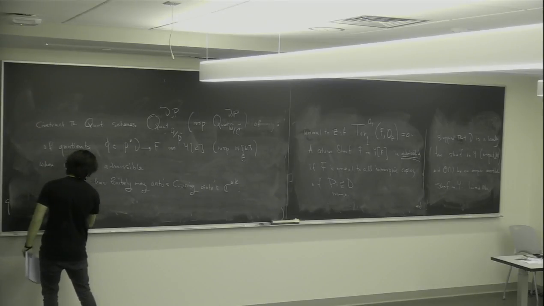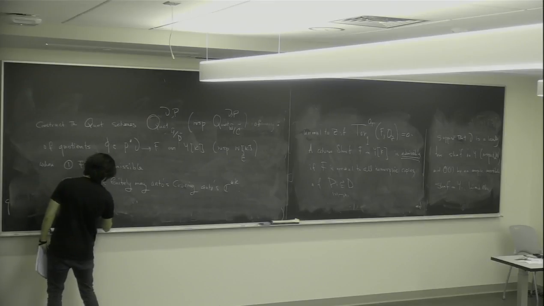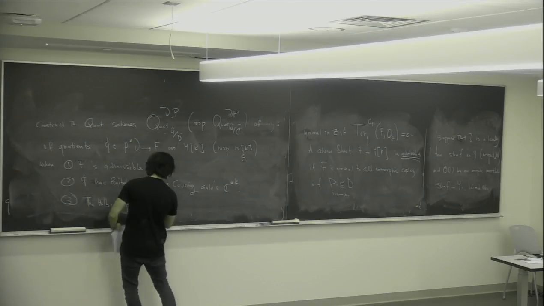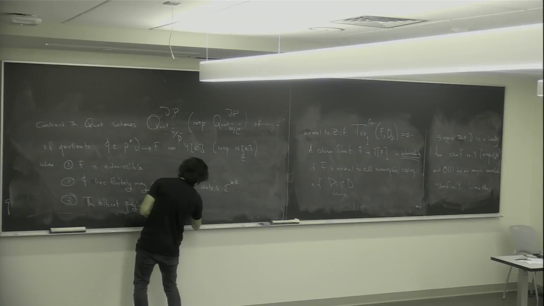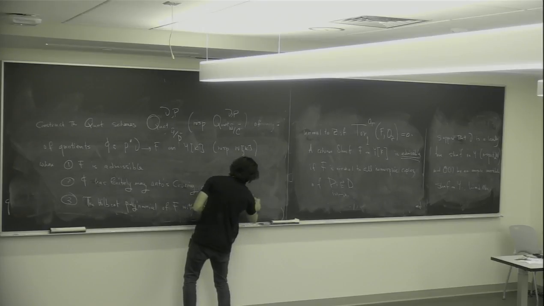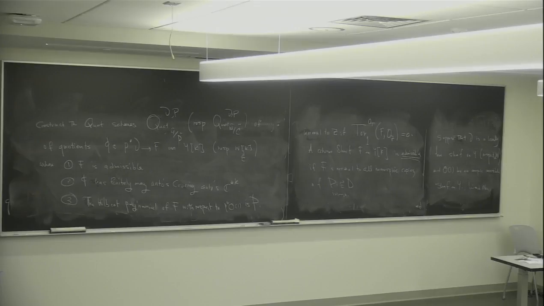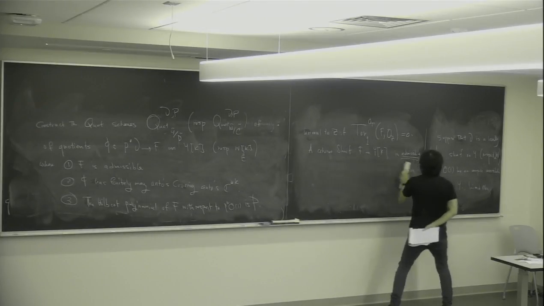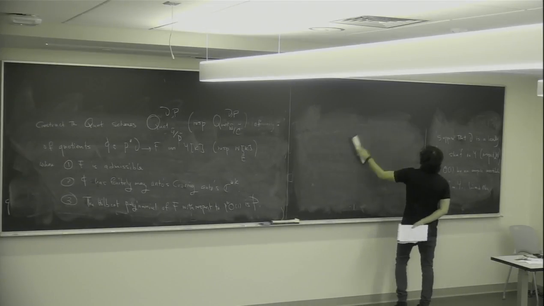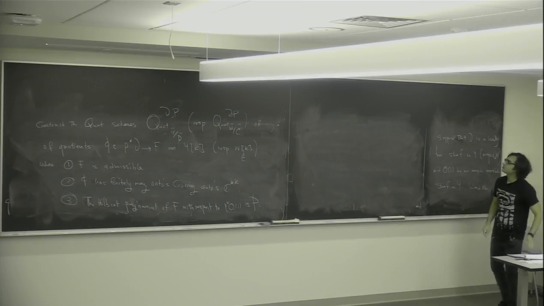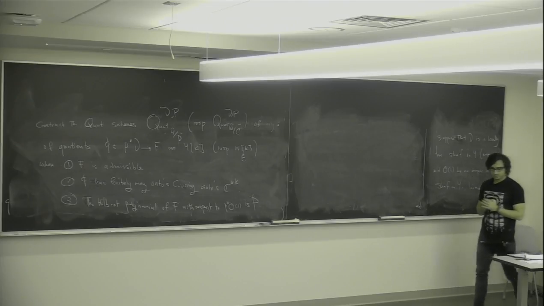Third, the Hilbert polynomial of F with respect to the pullback of O(1) is P. Okay, so we need more, next session.